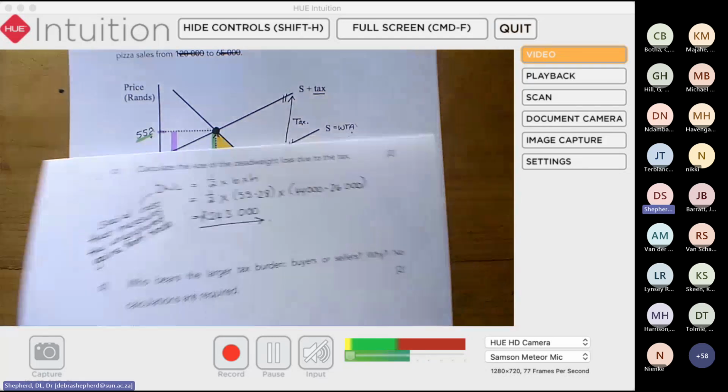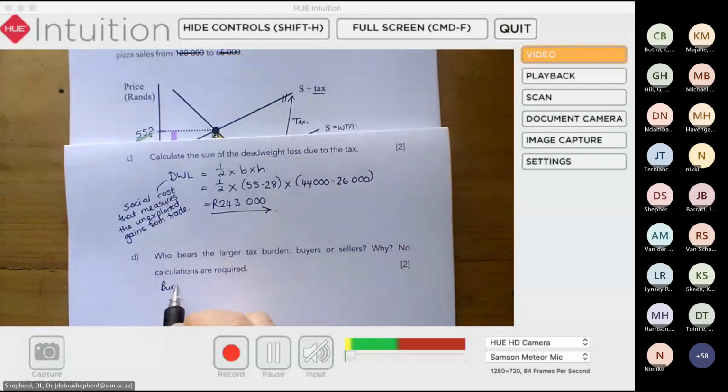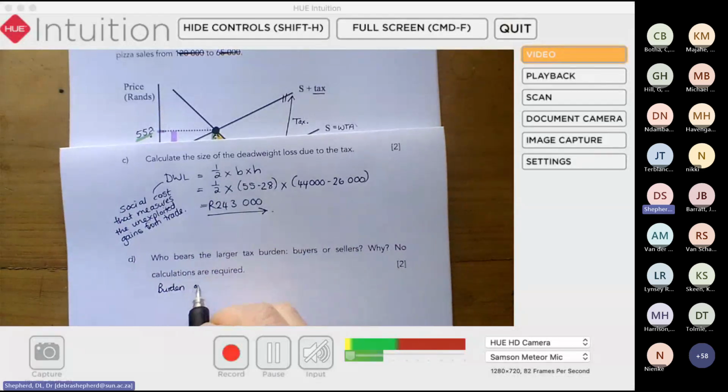So we find the burden on buyers using the price with the tax less the price with no tax. And we find the burden on sellers as the price with no tax minus the price that they receive with this tax.